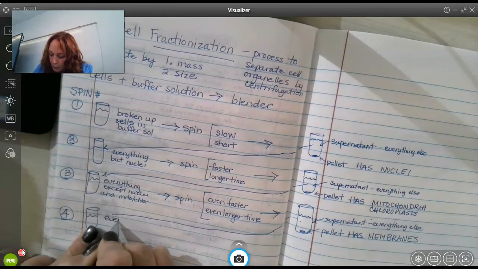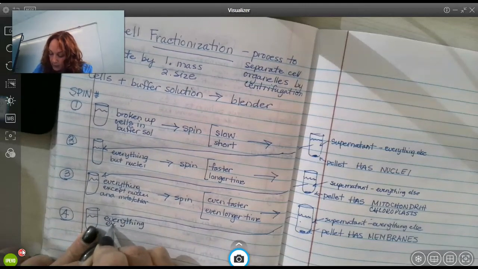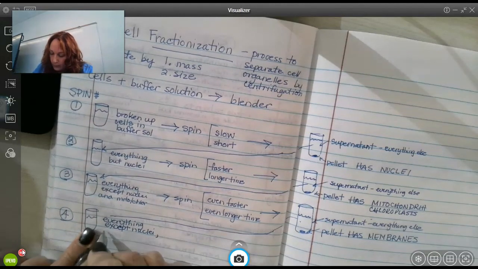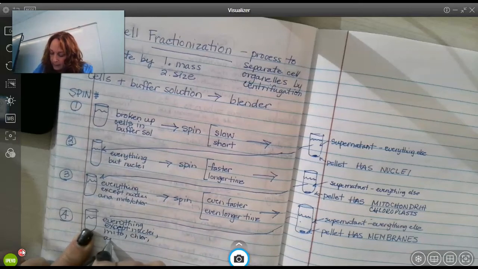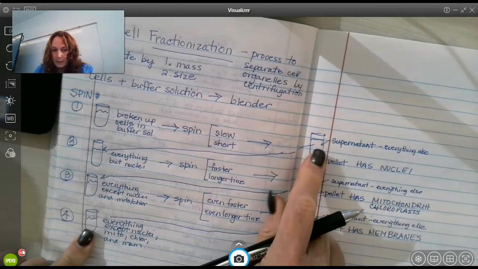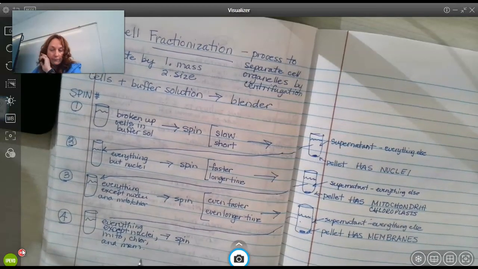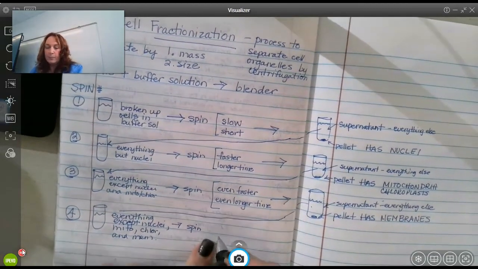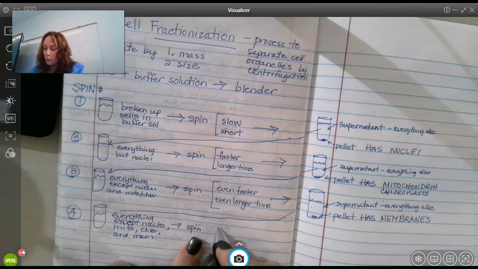And this supernatant solution has everything, it sounds funny because we've taken most of it out, except the nuclei, the mitochondria, the chloroplasts, and the membranes. They're all gone. Those were in the pellets. Now what we'll do is we'll spin, and you spin for freaking ever. When you sign up for the centrifuge, people hate anybody who's going to do ribosomes because it goes forever.